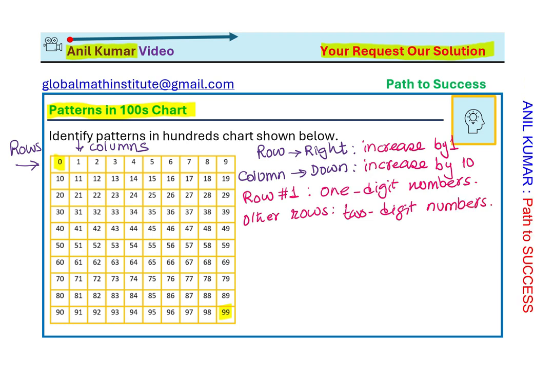So in your standard hundreds chart, this is not the rule. In a row, it starts with 1, ends with 10, which is a 2 digit number in the first row. And in the last row, it ends with 100, which is a 3 digit number. So that is also a major difference between the two.